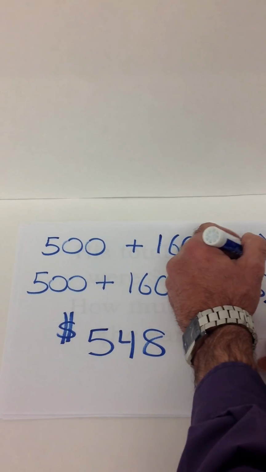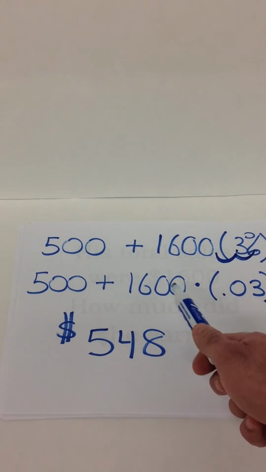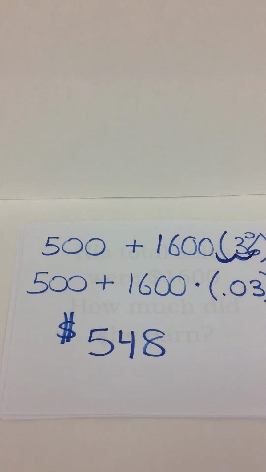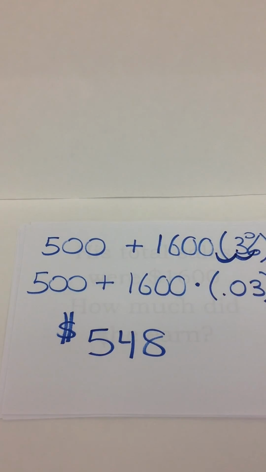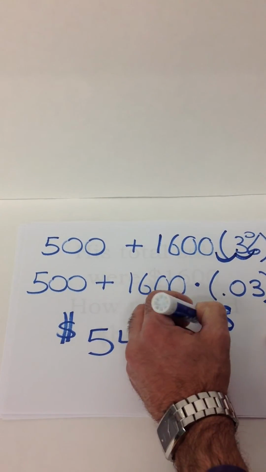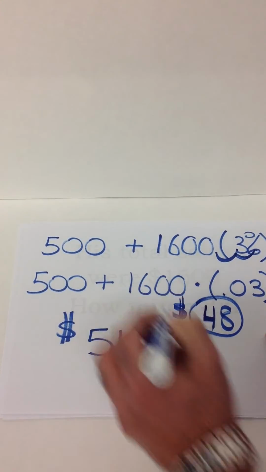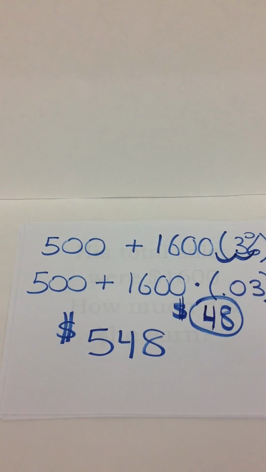We move the percent twice, and we get 0.03. So it's $1,600 times 0.03, which is $48. He made $48 as a commission. But remember, he also made $500 for the week. So his total is $548.